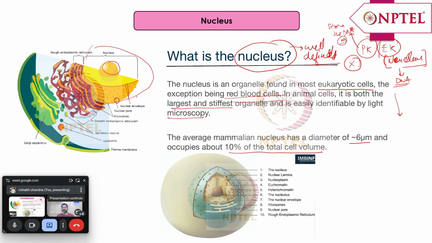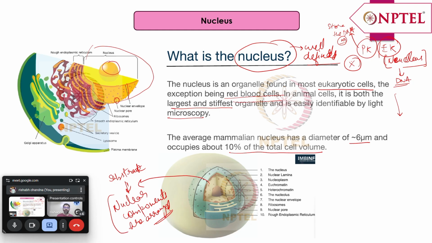Then we have the nuclear lamina, and then the nucleoplasm, which is basically the substrate in which the different nuclear components are arranged. Like the cytoplasm, in which all the organelles are present, the nucleoplasm is the space in the nucleus where all the nuclear components are arranged.